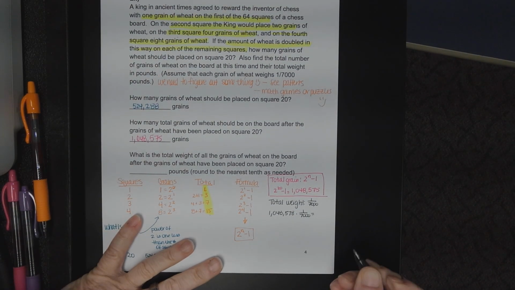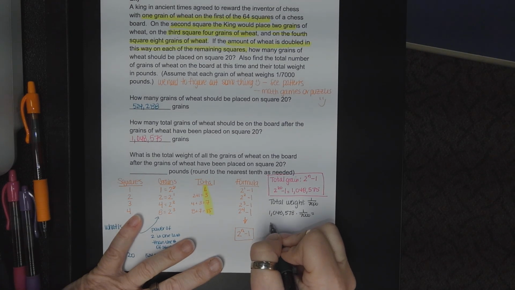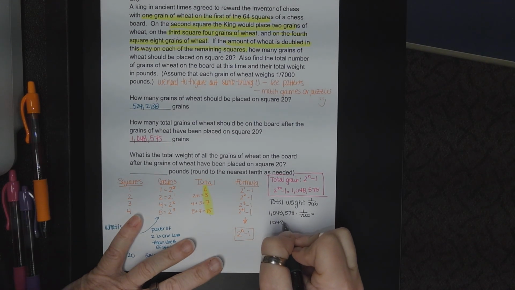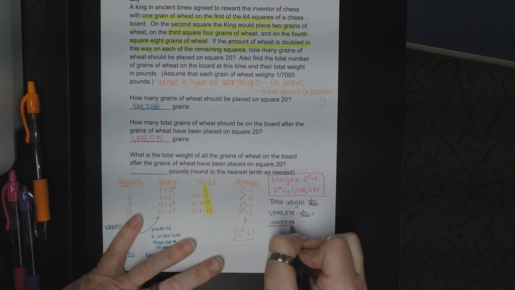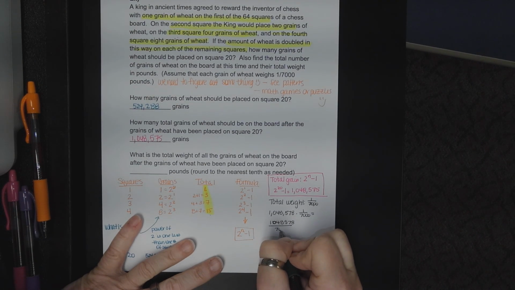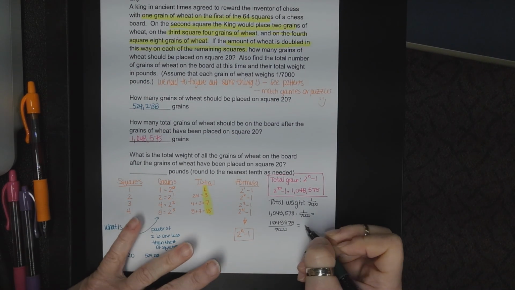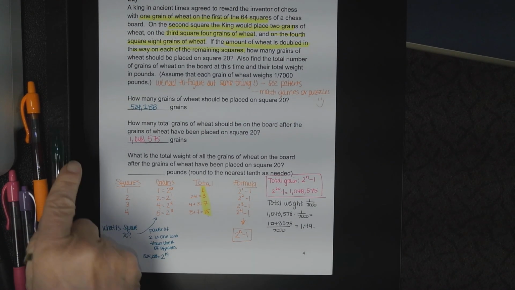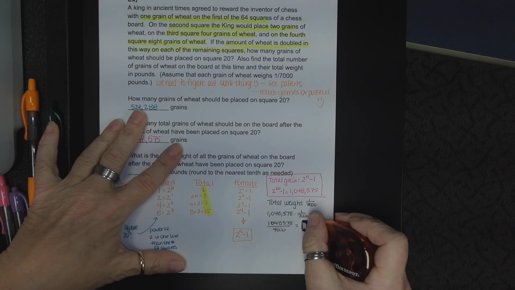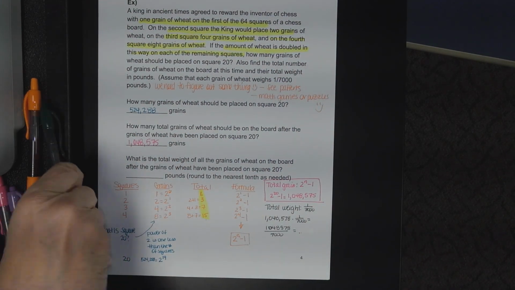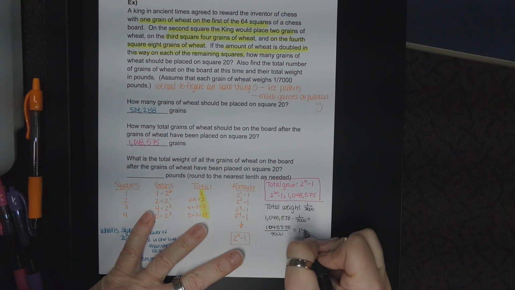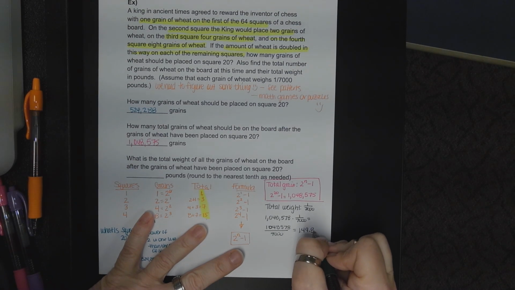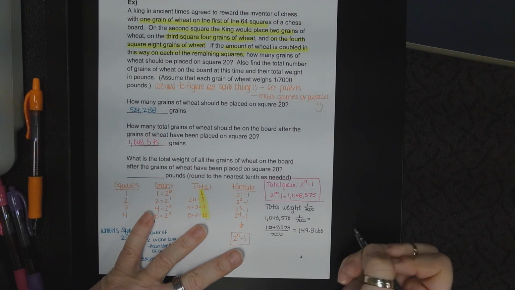Okay, let's see what that equals. No, it's so wrong. Don't write what I just said. Sorry. Right now, wrong point. 149.8 pounds. Okay.